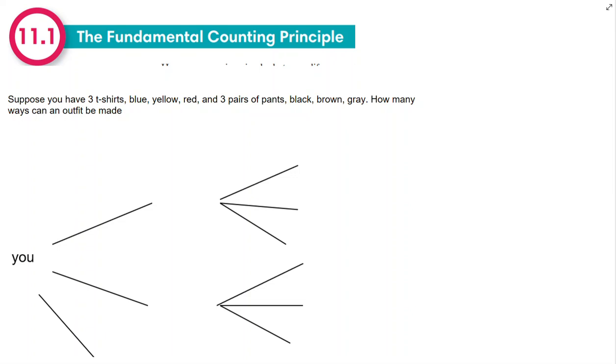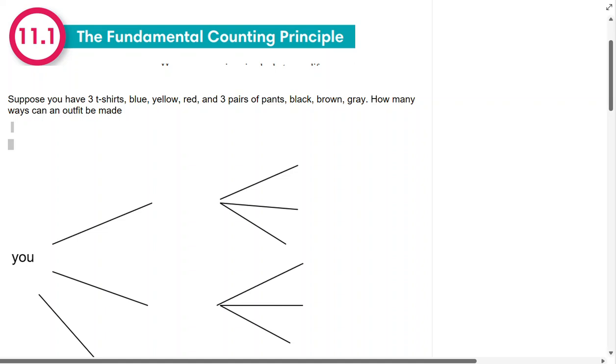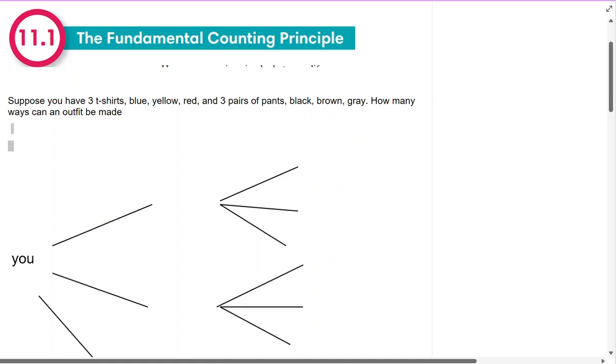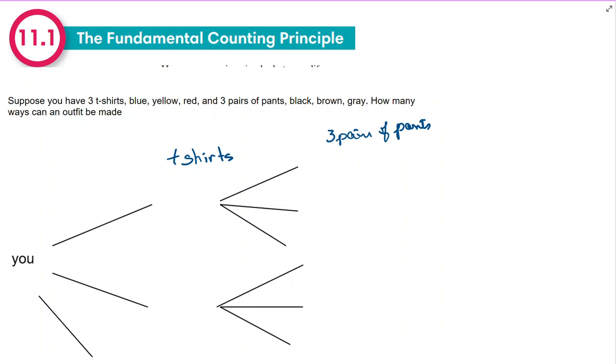So let's read. Suppose you have 3 t-shirts. So we have t-shirts. Oops, let me get color on my pen. And you have 3 pairs of pants. Okay, now the t-shirts are blue, yellow, and red.